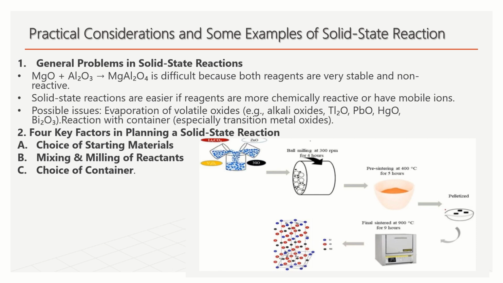So for making oxide, it is often better to use oxy salts like carbonates, acetates, or nitrates. Why? Because they decompose during heating, releasing gases like carbon dioxide and nitrogen dioxide. The gas bubbles help break the powder into smaller particles, increase the surface area, and make the reactant more reactive.